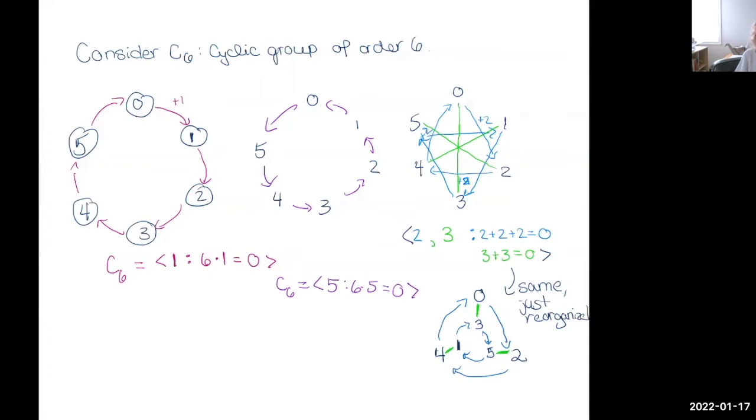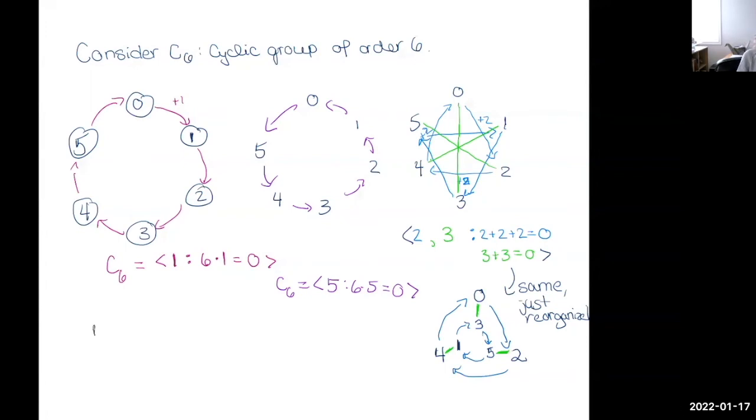And I wanted to show you this because this new presentation of the Cayley diagram really emphasizes what we get when we just have the generator 2 and when we just have the generator 3.